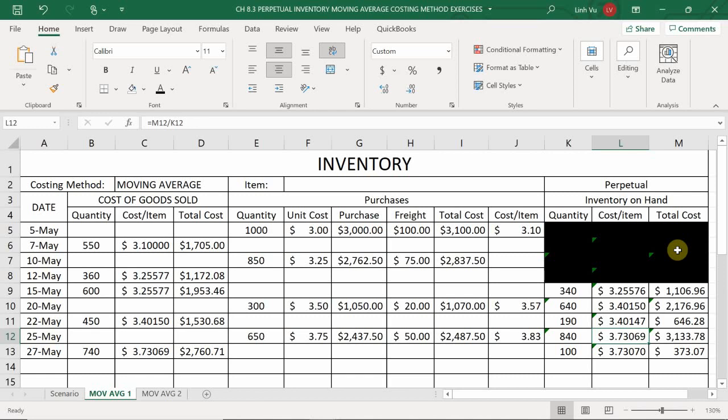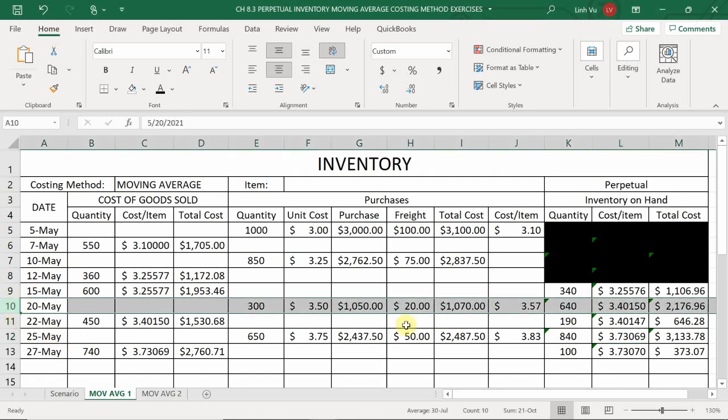No, I mean in the perpetual inventory on hand. On May 20th, the price, the last numbers, 50, and this one, I have to sell at the same price, not 47.